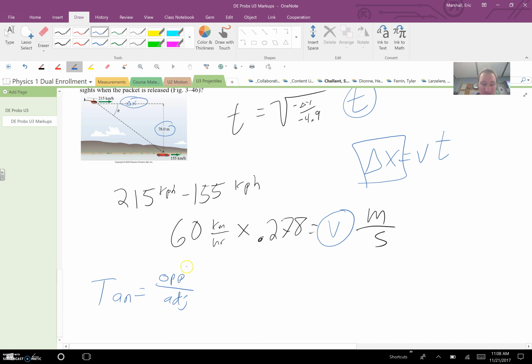So you're going to take the opposite, which is 78, divided by the horizontal displacement, which you're solving for up here, and you'll come up with some fraction, a ratio, and that ratio you're then going to put in your calculator and say, what angle does that ratio refer to? And that's the inverse tangent function.